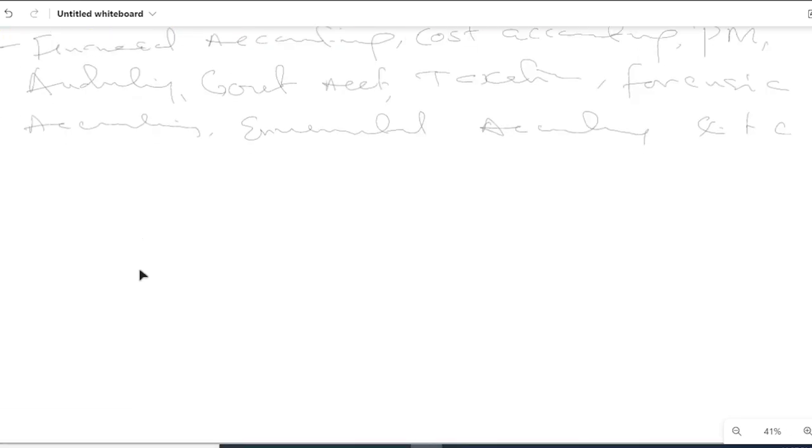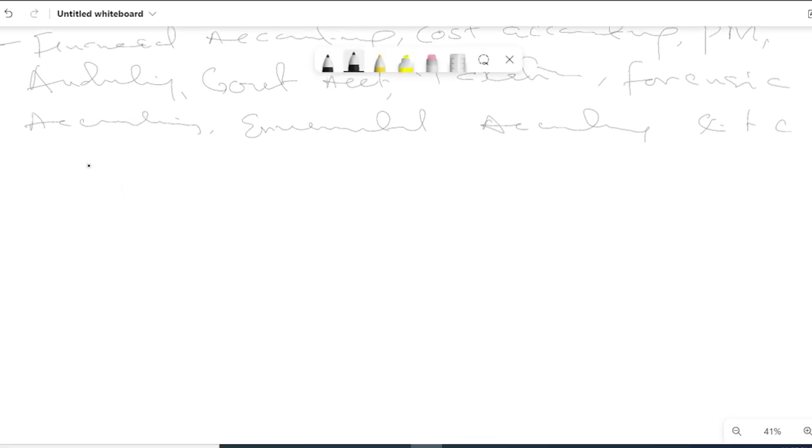Then we are now going to look at the fundamental qualitative characteristics of accounting, say features of accounting.